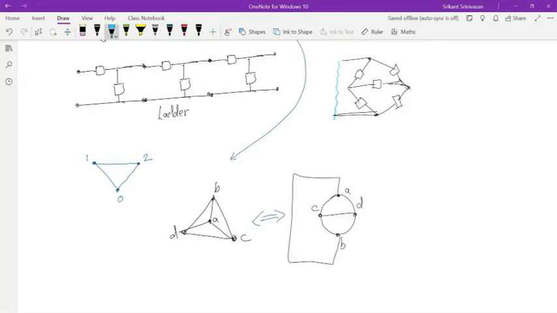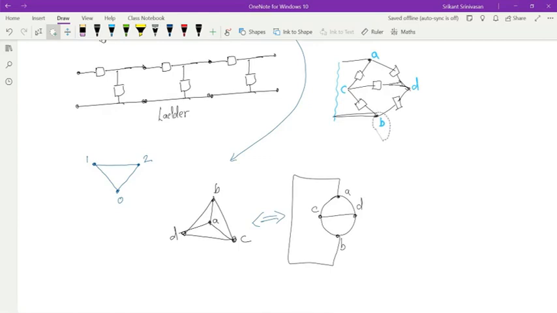Then this would be A, this would be B, then you will have C and D. So A is connected to C, A is connected to D, B is connected to C and D. C and D are connected to each other, but you need A and B to be connected to each other also in this circuit. That would have to be here, and that's possible in the Wheatstone bridge. So if I have some voltage source connected here, that can be represented by a branch. In this way, you can see how these different standard networks can be represented by a topological description.